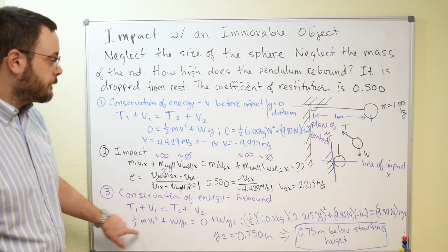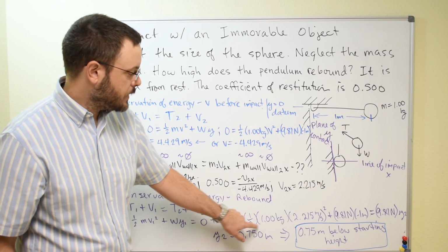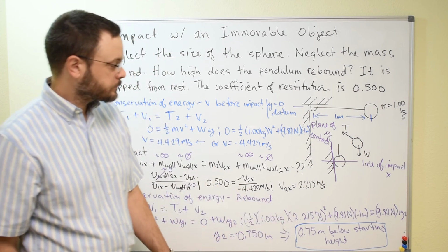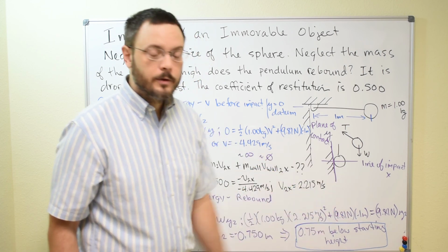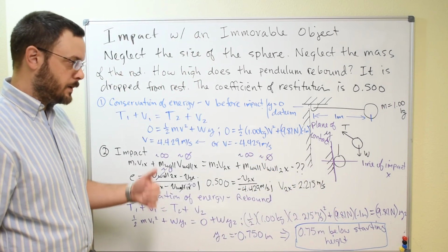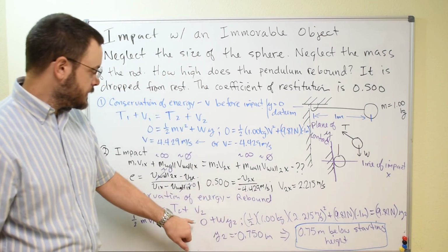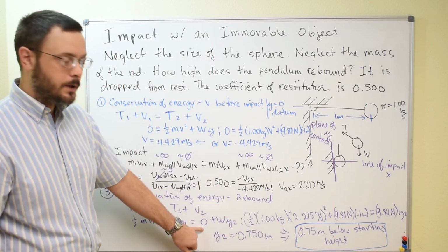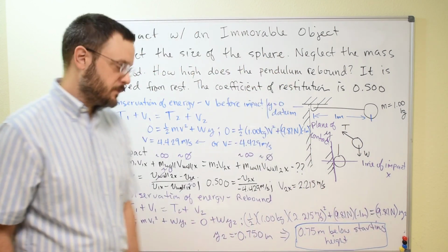So here's our velocity that we just calculated with the 1/2 mv squared term. There's our -1 meter location that we start out at right immediately after the impact, and then that's going to then a 0 velocity, so no kinetic energy, but a potential energy term that's the weight times the final y position.